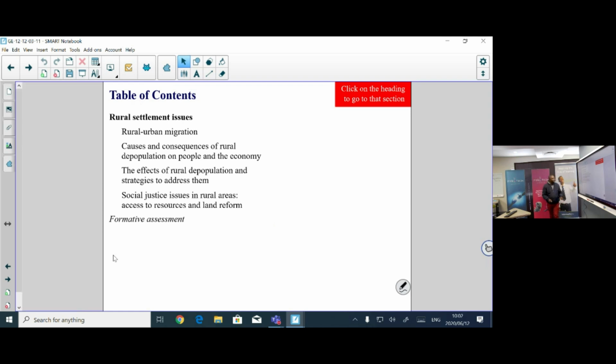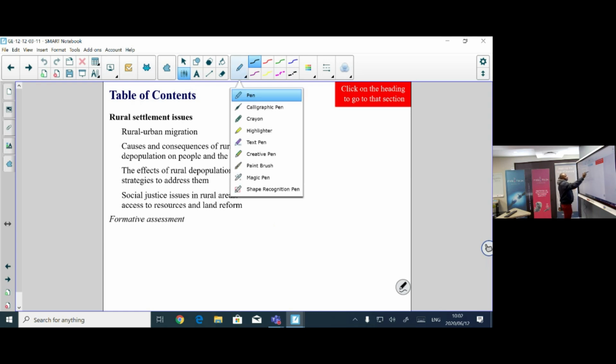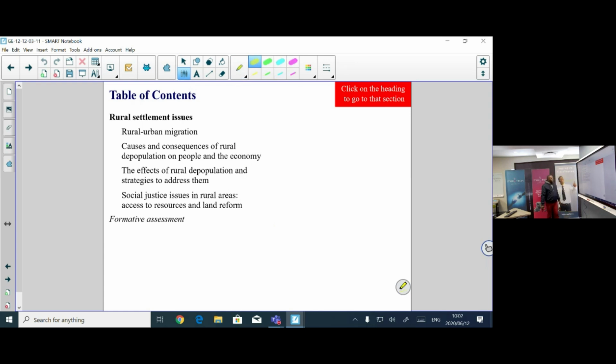The table of contents today in this lesson, we are going to be looking at rural-urban migration, as I mentioned earlier on, causes and consequences of rural depopulation on people and the economy, the effects of rural depopulation and strategies to address them, social justice issues. Let's make use of these highlighters as we go through, right? So we are looking at rural-urban migration, then causes of the depopulation of people and the economy.